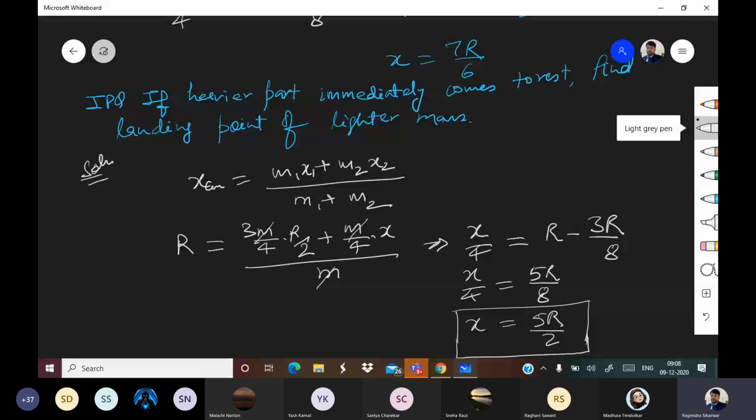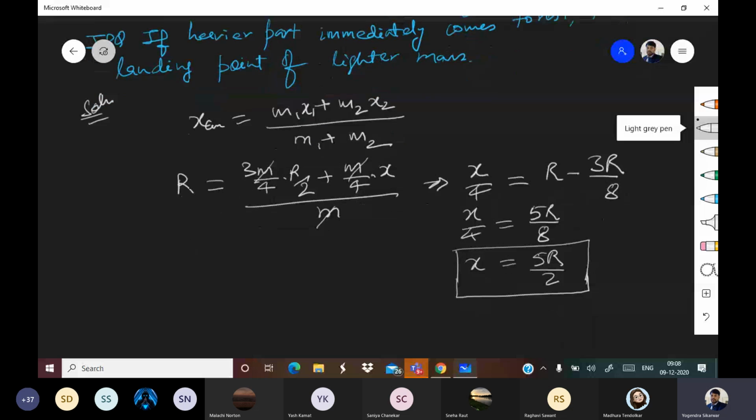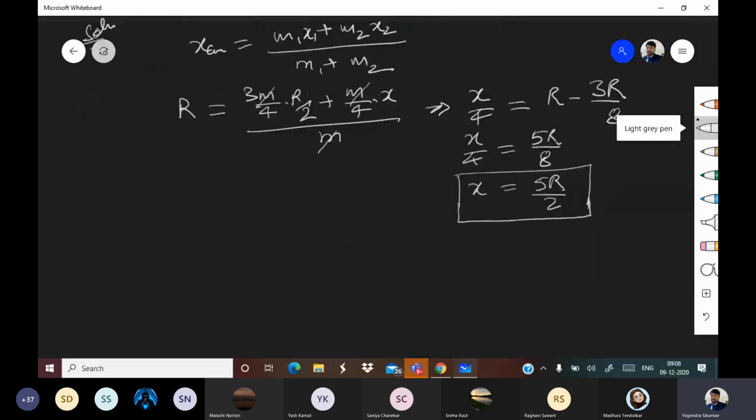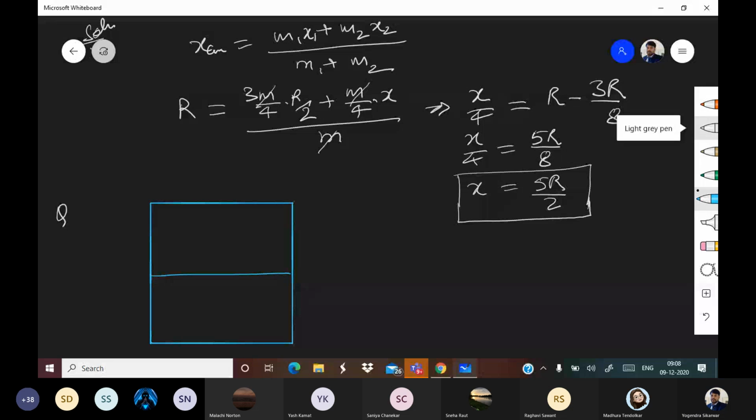Any doubt, any question? Good. Next question. So there is a square plate. What kind of plate? Square plate. And from this square plate, we have removed 1/4 of the section.